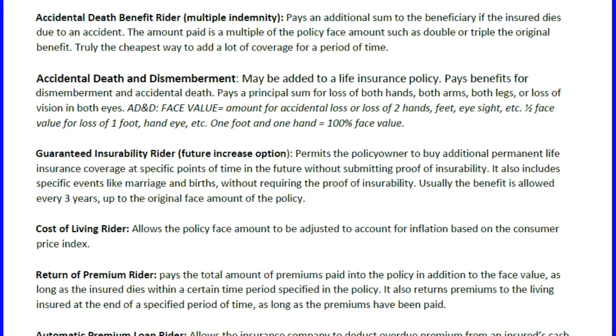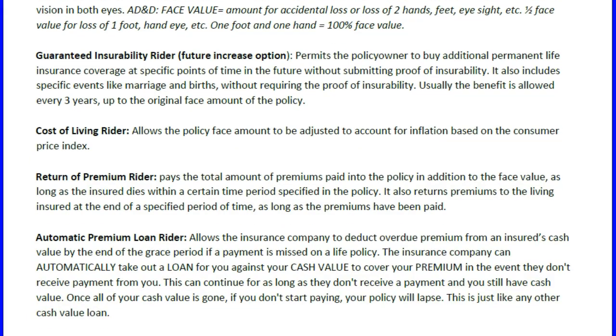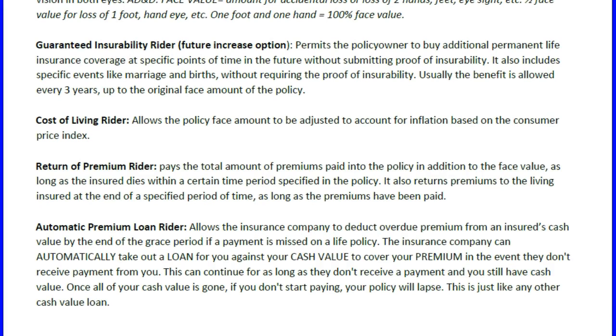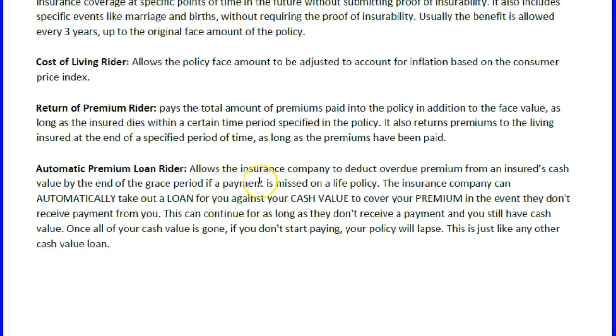Guaranteed insurability rider, if you buy additional permanent life insurance at specific points in life, you don't need proof of insurability. Cost of living rider, return of premium rider, and automatic premium loan rider, which allows the insurance company to deduct overdue premium from the insured's cash value by the end of the grace period if a payment is missed on the life policy.